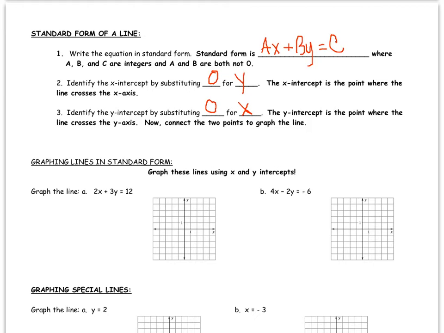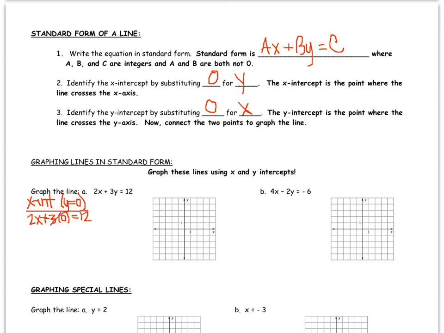So let's try this. Okay, so we want to graph these lines using the x and y intercept. The first one on the left, I'm going to start by finding my x-intercept. And I always set it like this. To find my x-intercept, I let y equal 0. That's my good reminder here. So 2x plus 3 times 0 equals 12.